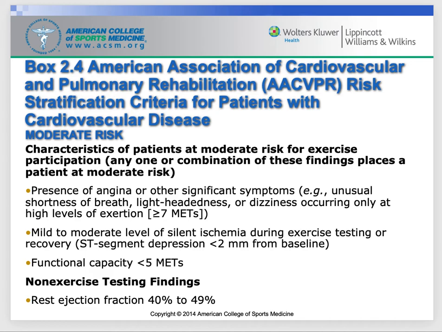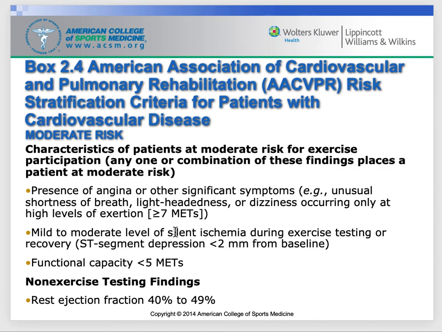Moderate risk is different. If they have any one of these present, then they are now in the moderate category. So just one of them. This means that they might have angina or other symptoms that happen during high exercise above 7 METs. So somebody, once they get to 7 METs or higher exercising, they start complaining of shortness of breath or angina. Or you look at their EKG, and they have what we call silent ischemia.